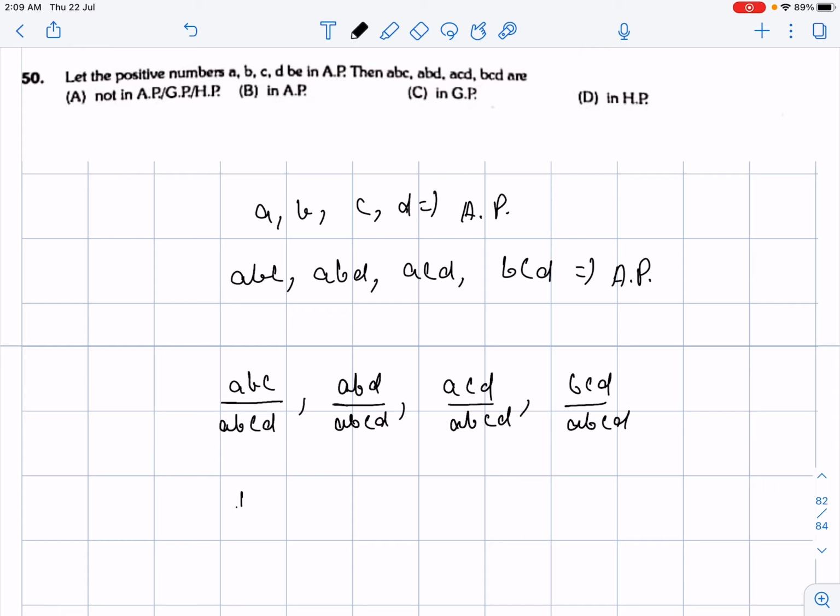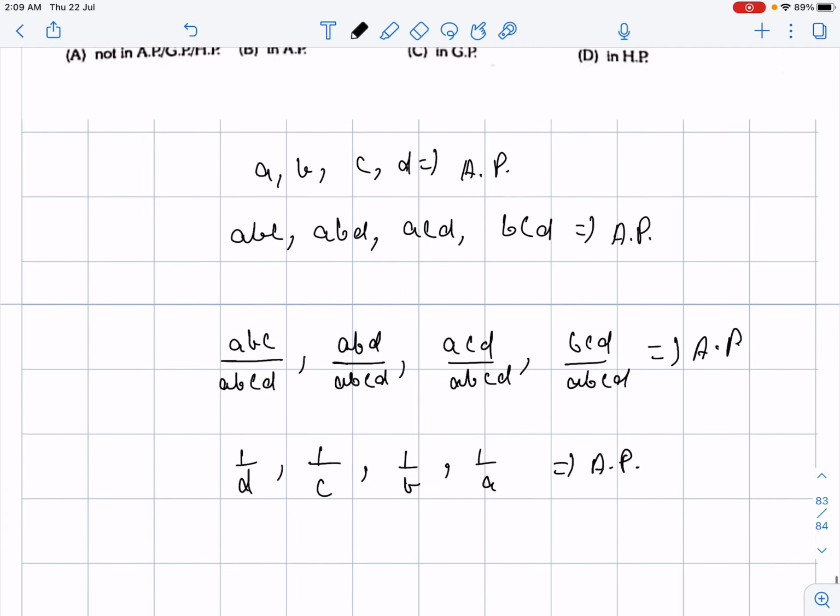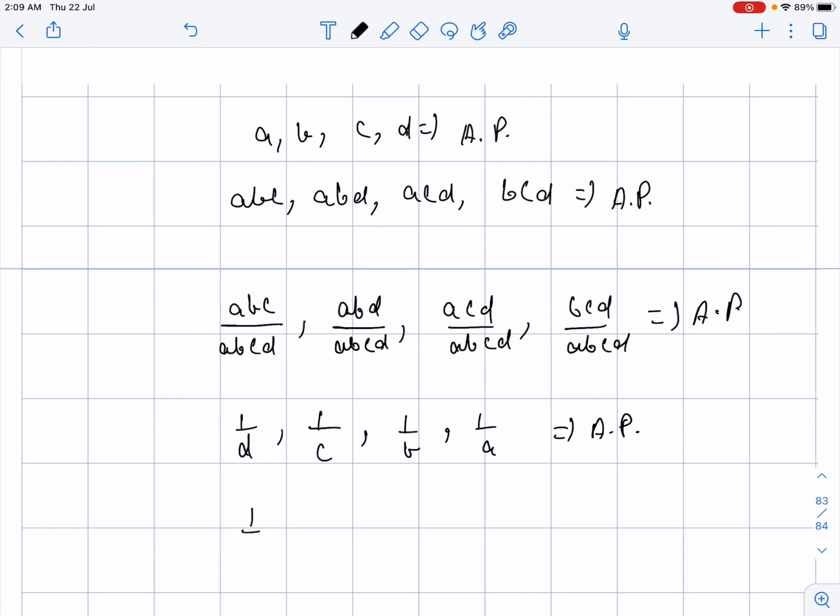So it becomes 1 upon d, then 1 upon c, then 1 upon b, then 1 upon a. And if it was in arithmetic progression, it will be in arithmetic progression, and reversing an arithmetic progression also generates an arithmetic progression.